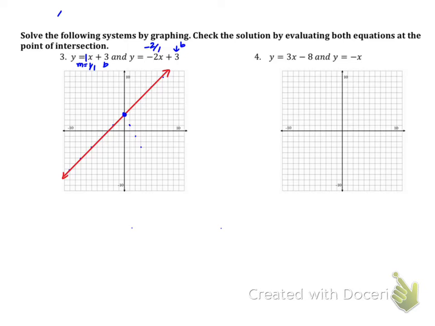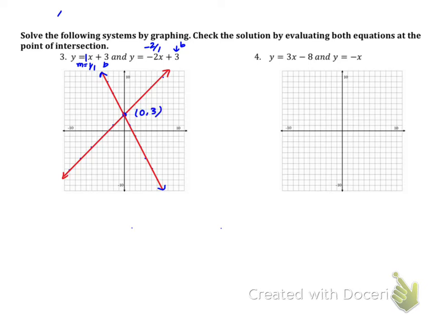I see a pattern going on. I can just mark as many points as I can. I can go left by 1, up by 2, left by 1, up by 2, and I connect the dots. And this is my second equation. I see they're meeting at 0, 3, so that should be the solution.